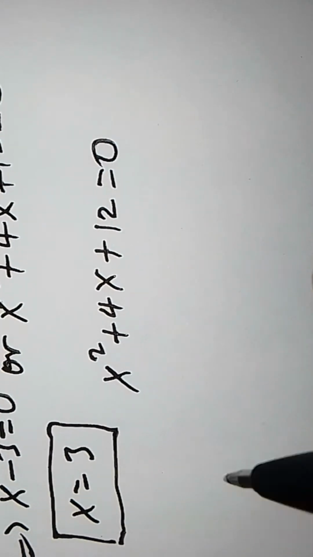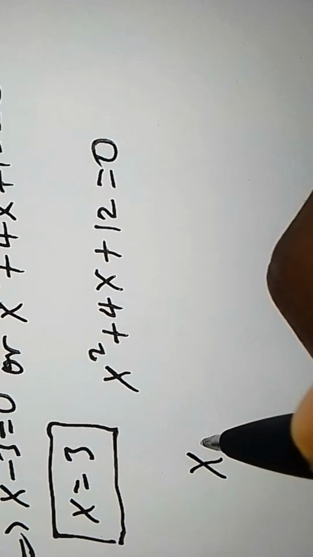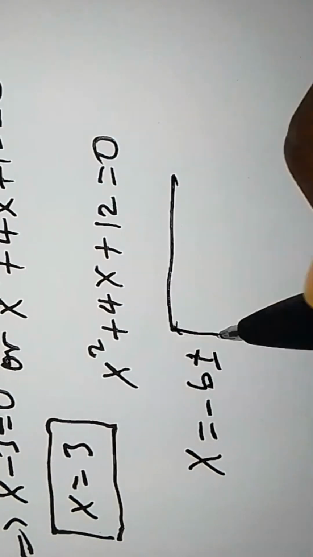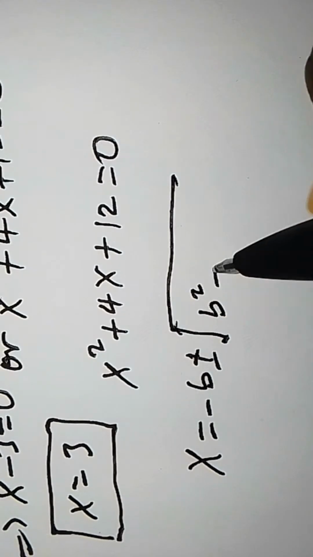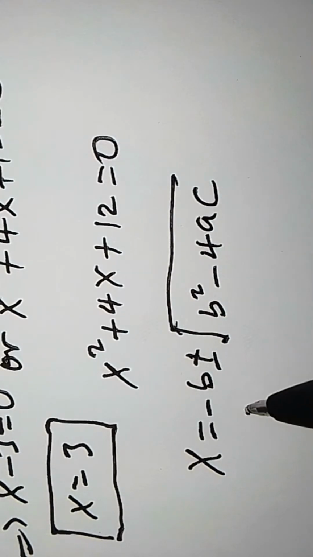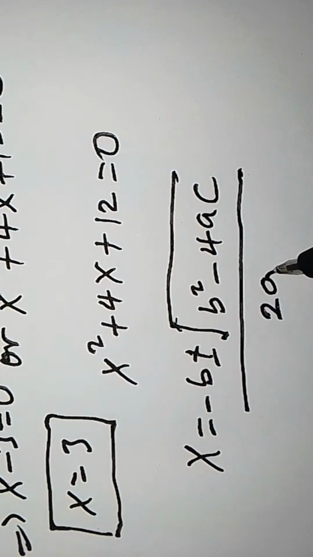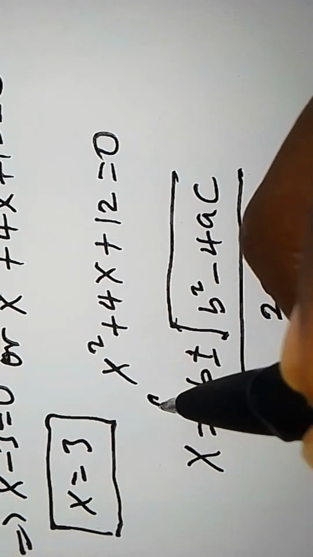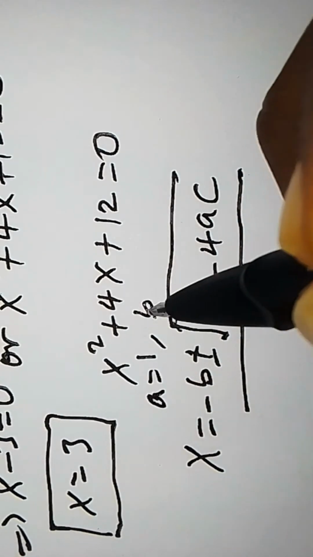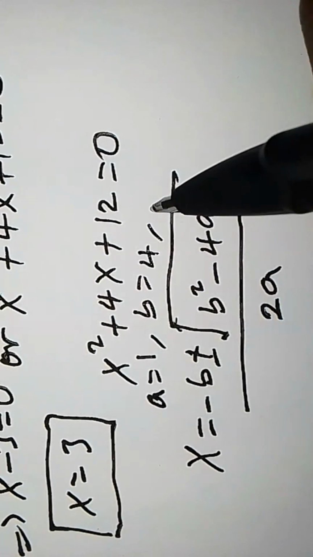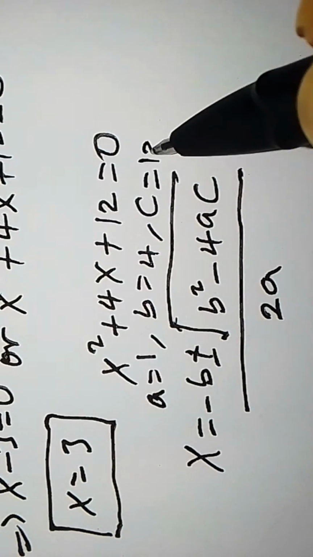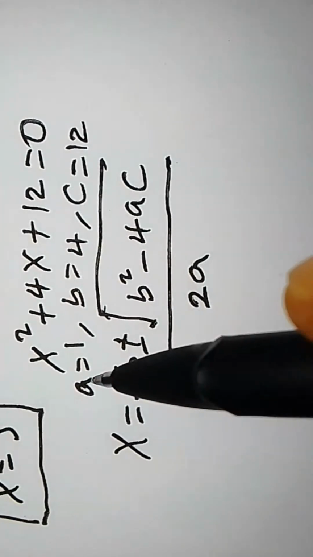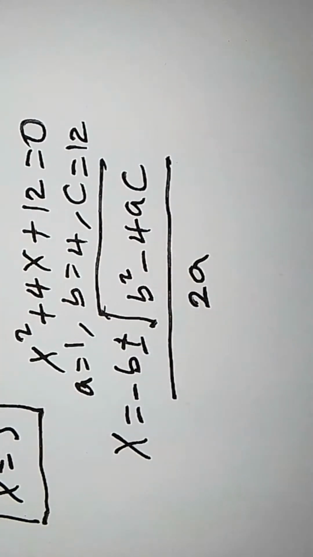What does the quadratic formula say? It says x equal to minus b plus or minus square root of b squared minus 4ac over 2a. From this equation, our a is equal to 1, and b is equal to 4, and c is equal to 12, the constants. What we now do is to plug in all these values into this right hand side.